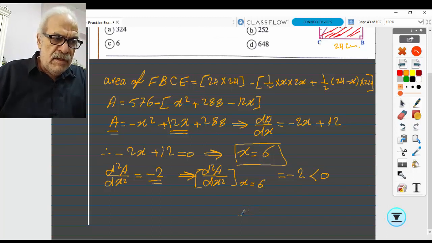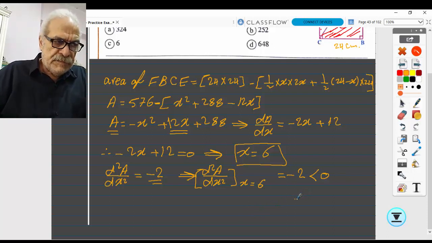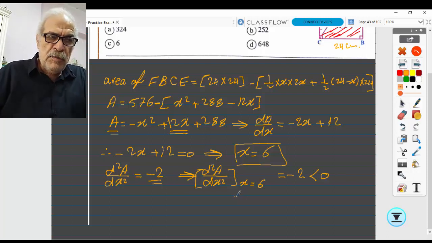Again, the second derivative is negative when x equals 6. There is no x here to substitute, but in general, in this question, the second derivative is negative, so the area has a greatest value when x equals 6.